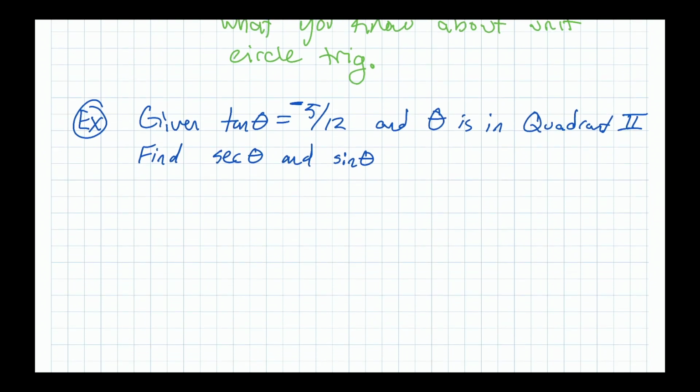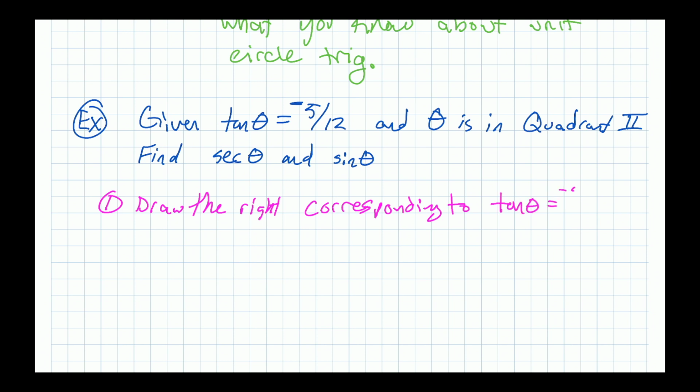All right, so let's see if we can look at our steps and figure this out. So what we're going to do is draw the right triangle corresponding to the information that they gave us, which was tangent theta is negative 5 over 12. And notice that I just put the negative in the numerator.